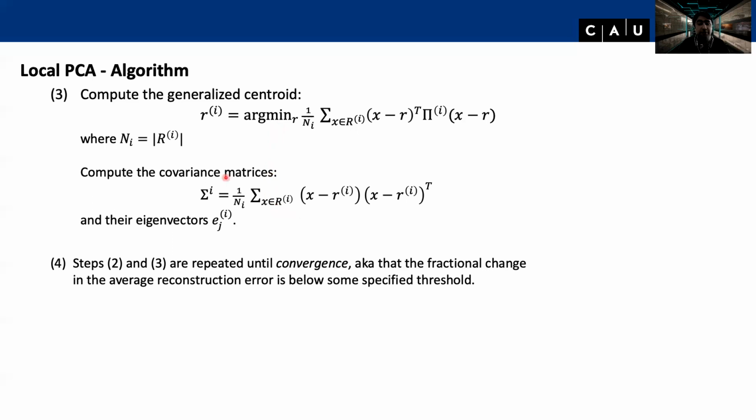At the same time, we update the covariance matrices. How is the covariance computed? If you recall it from the lessons of Professor Kröger, you have an object X centered, which happens by x minus Ri, because this is the centroid, and multiplied with itself centered and transposed. Then you obtain the updated covariance matrix.